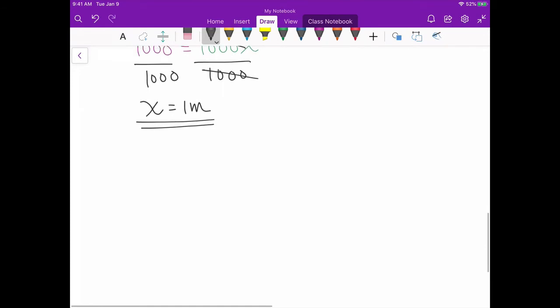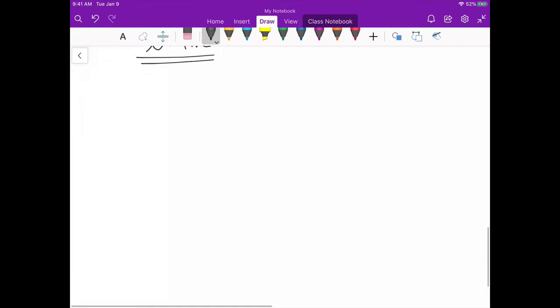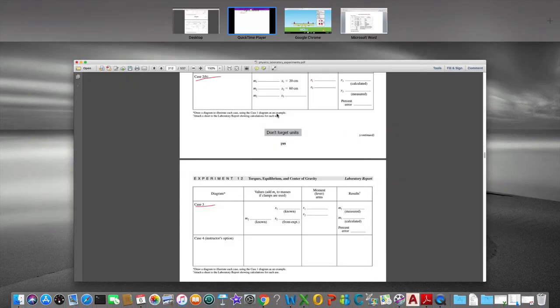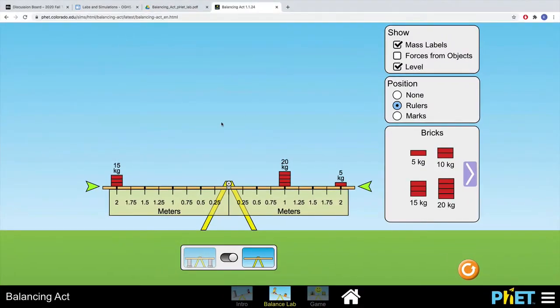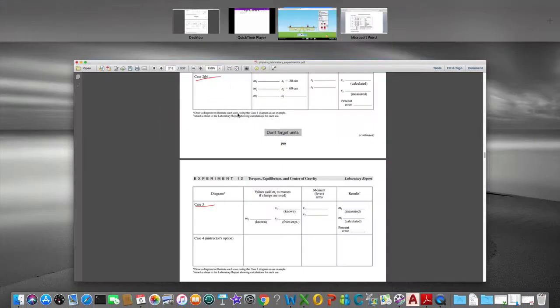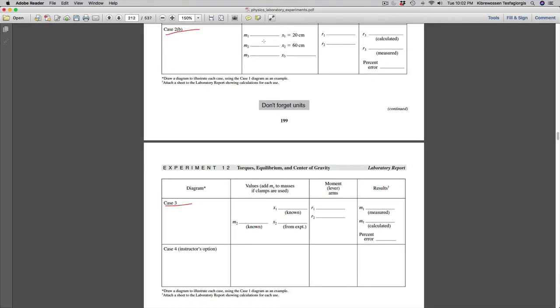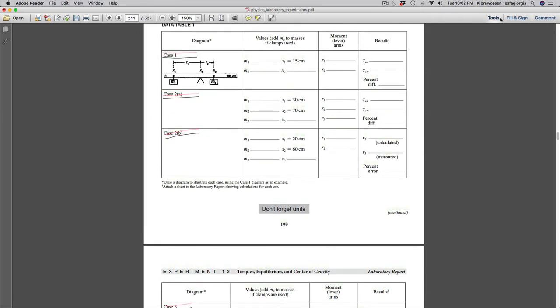Then what we are expected to do for the experiments is the following. I'm going to send you the lab simulation. In this case, we're going to use the PhET Colorado simulator. I already prepared a table, exactly similar to this one, except that it doesn't have the x's.